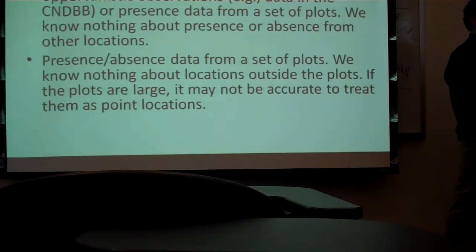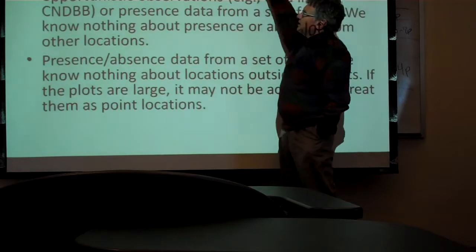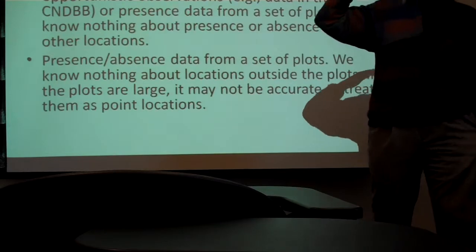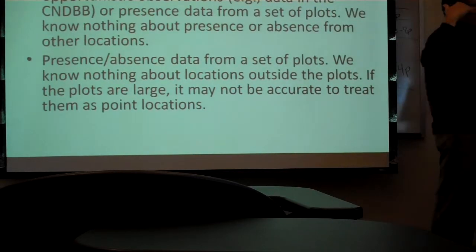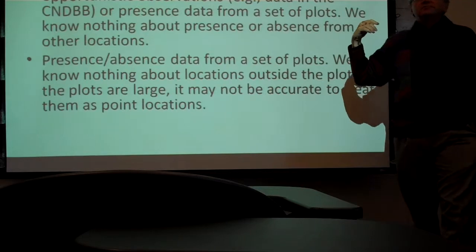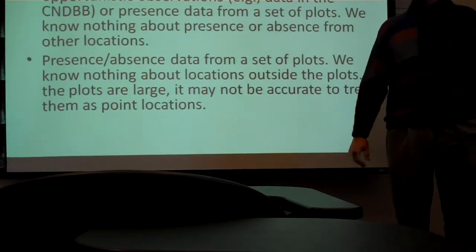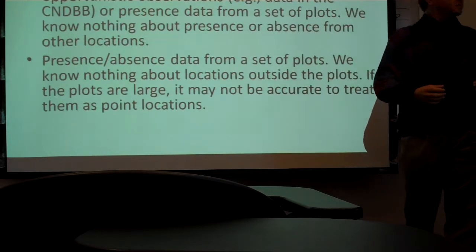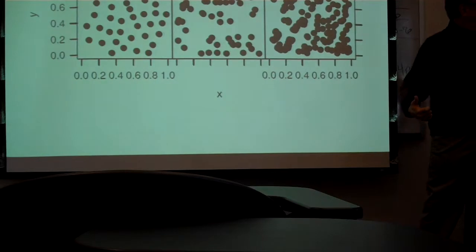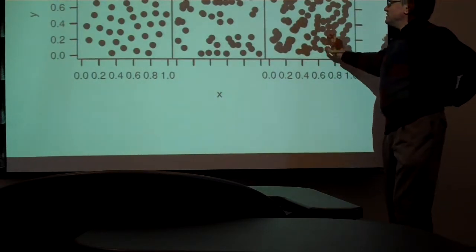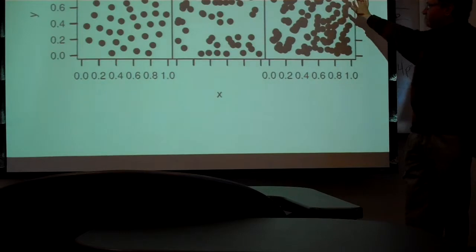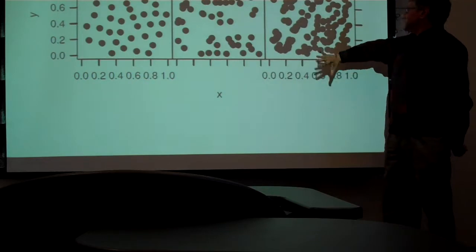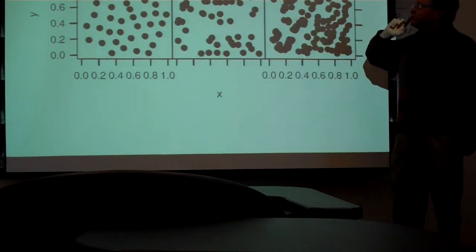So let's start with this first case, which is we have a location of all occurrences, and there's a branch of, I'm not sure whether it's probability theory or statistics or somehow the intersection of the two, called spatial point processes that deals with this. So here are just 3 examples of what a spatial point process could look like. These are maps of some redwood forest, so it's the location of all the redwood trees.